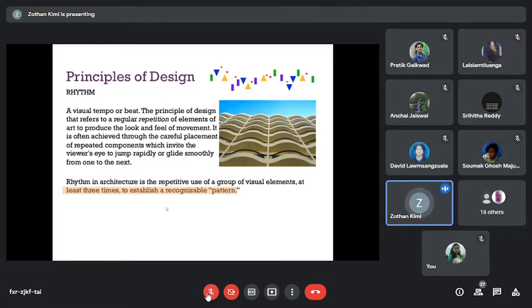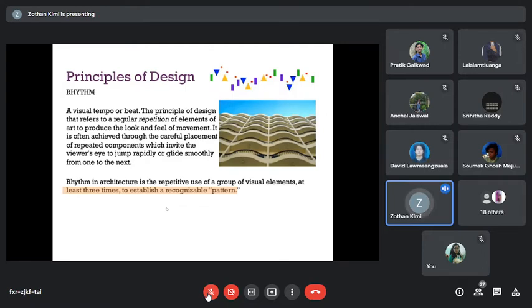I'm using a song as an example because rhythm is very much related to music as well. When we look at rhythm, the thing we think of first is music. Usually a song has one main chord and, say, three chords, right? If you play music, you would know what I mean.